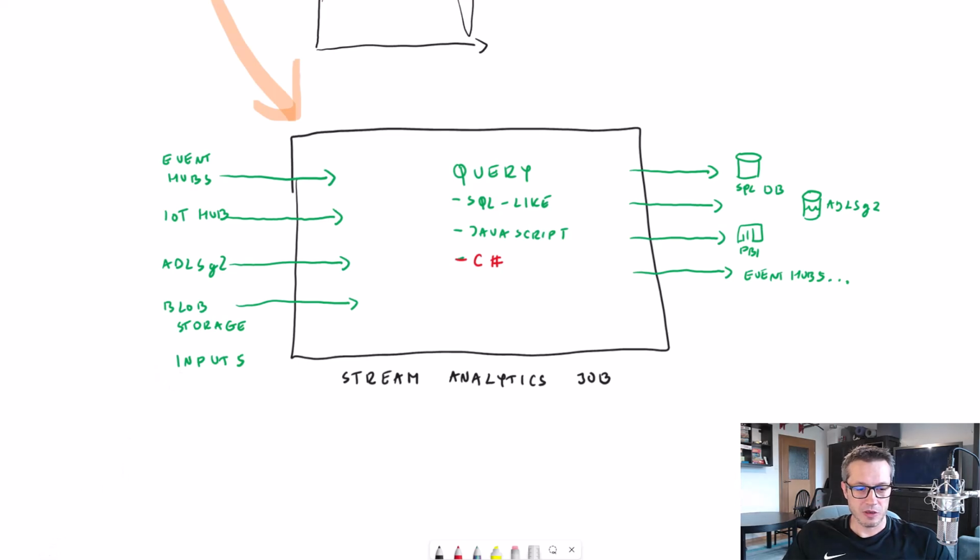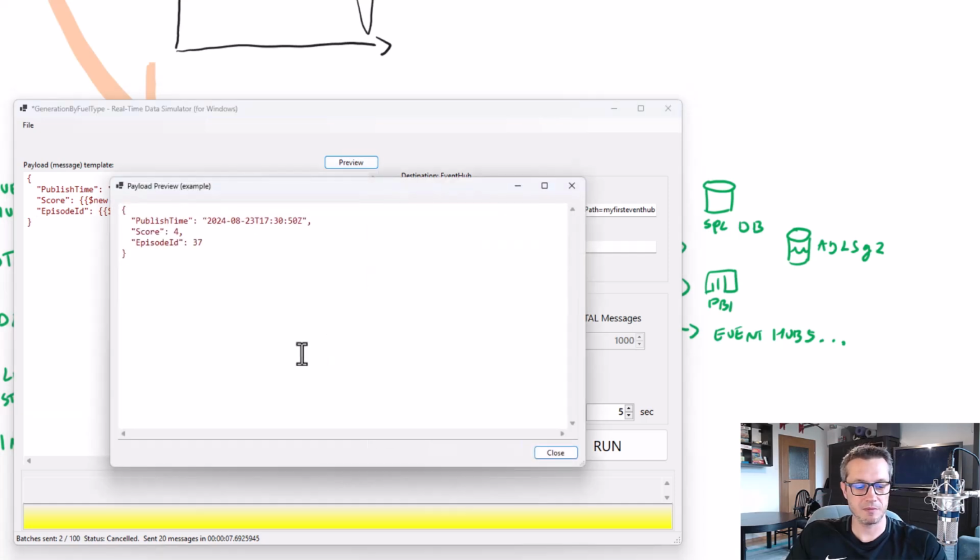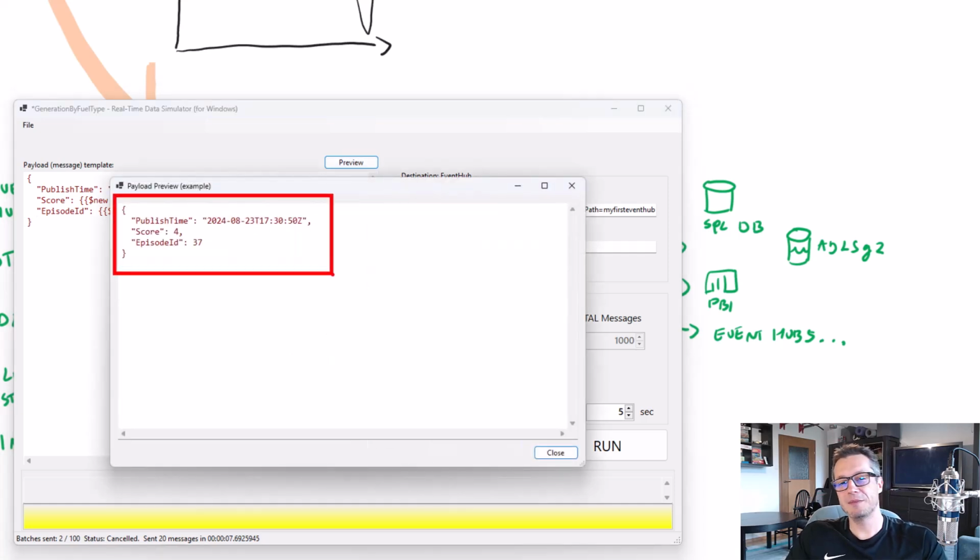To make this work, let's see what kind of data we would like to analyze. Again, I'm using this real-time data simulator by Camille, where I updated the payload a bit on this window, because let's see how the sample event will look. Let's imagine that we are still working in a case where I've got these YouTube episodes that are published for you, and you have a possibility to score every episode.